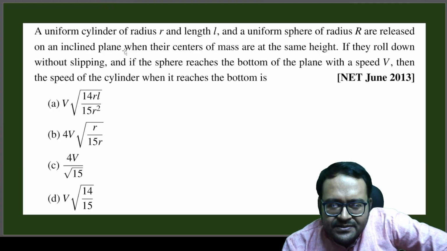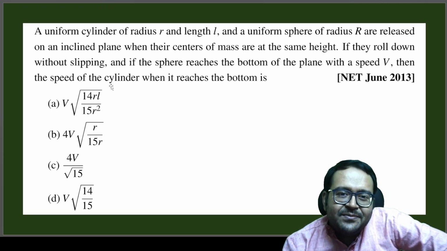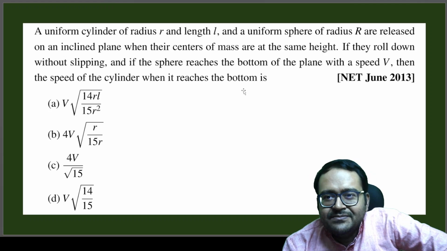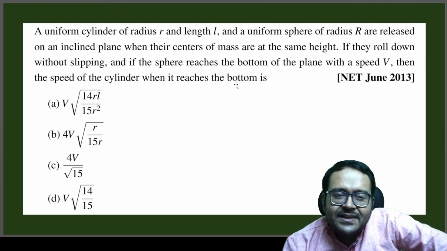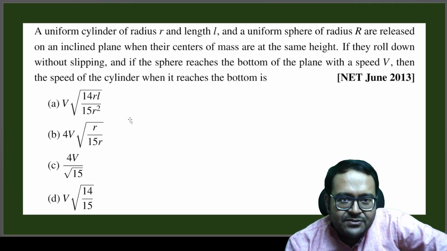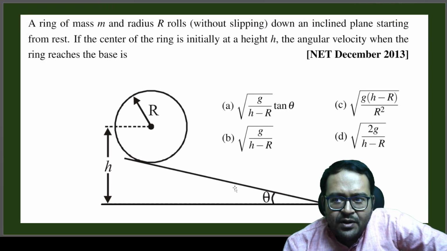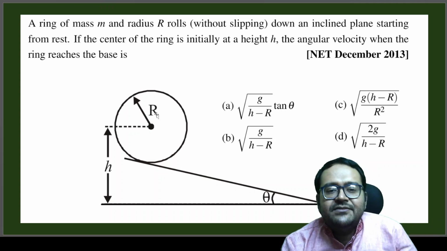An example: a uniform cylinder or uniform sphere released on an inclined plane, then the speed of the cylinder when it reaches the bottom, and so on. Class 12, Verma examples, you can find it. So these are Verma level problems. Sometimes they ask about a cylinder rolling, a mass rolling.